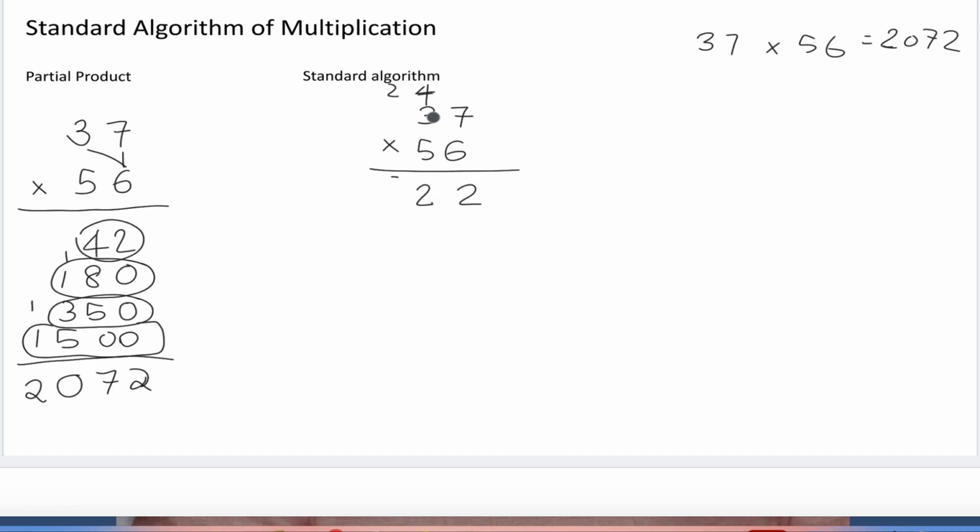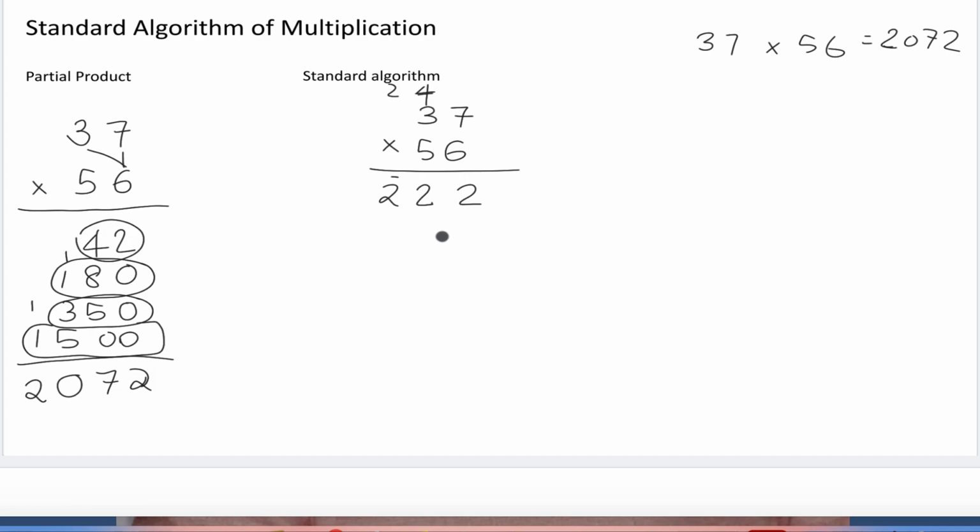But that's actually 22 tens, right? And then there's nothing, so you write 222 there. And then what we do here is we empty this place and start from this digit.